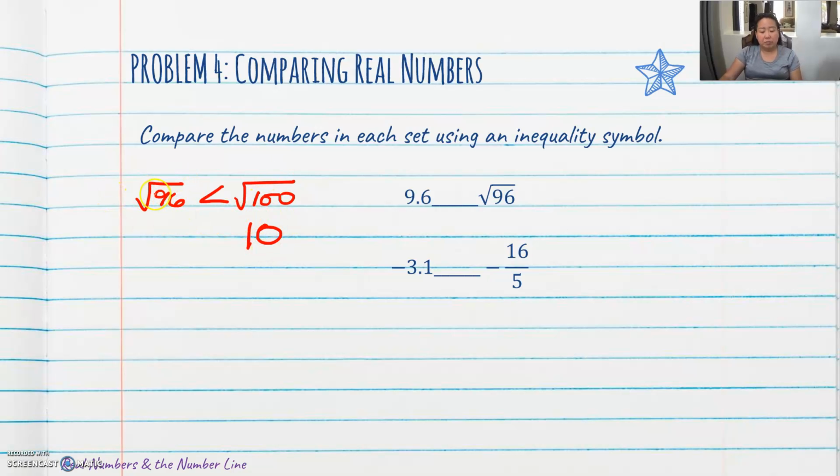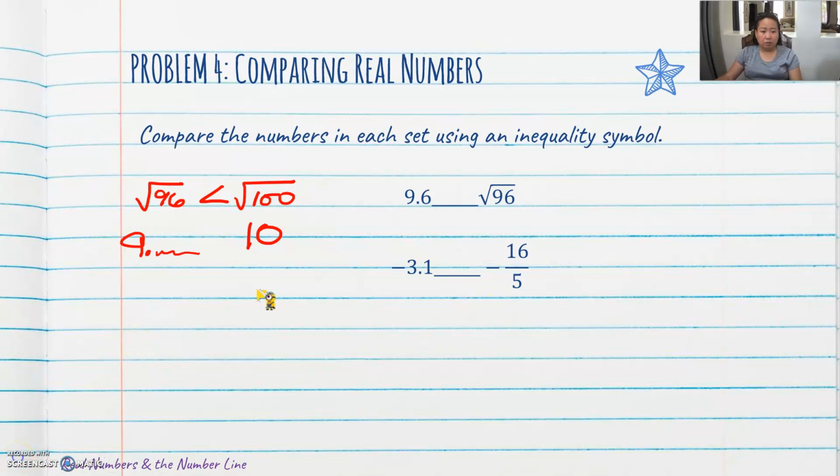From this estimation, we can think of the square root of 96 to be something like 9 point something. Now, it's unfortunate that the number we are comparing it with also has 9 point, so in this scenario, it will be good to check the exact value of the square root of 96.